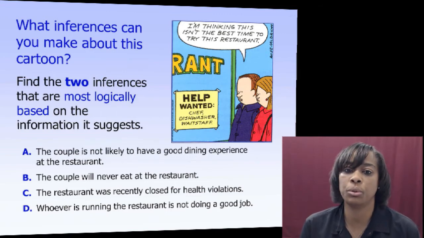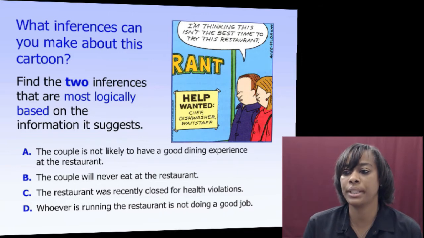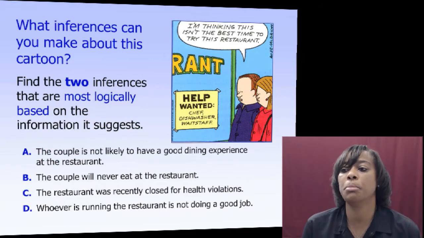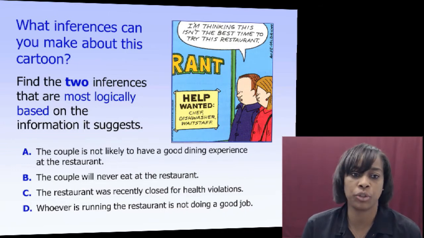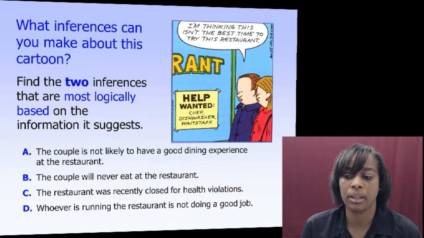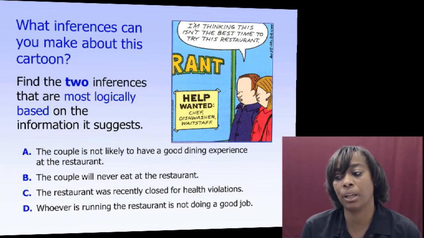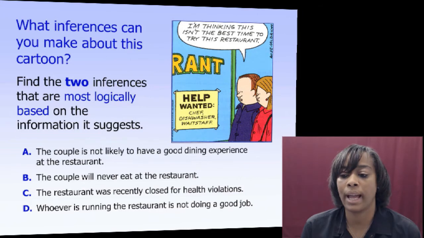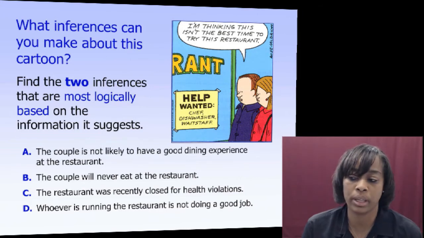So what you would do, look at the choices given, and you're going to find the two most logical inferences based on the picture that they've given us and the clues given in this picture. The first choice, the couple is not likely to have a good dining experience at the restaurant. The couple will never eat at the restaurant. Or the restaurant was recently closed for health violation, or last, whoever's running the restaurant is not doing a good job.